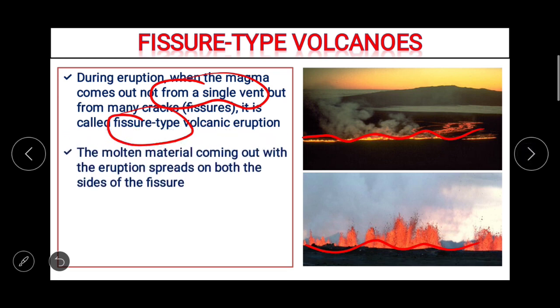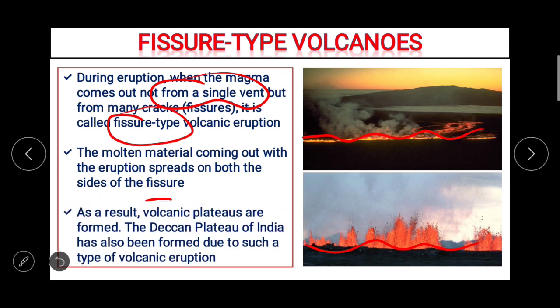The molten material coming out with the eruption spreads on both sides of the fissure, and as a result volcanic plateaus are formed. The Deccan Plateau of India has also been formed due to such a type of volcanic eruption.